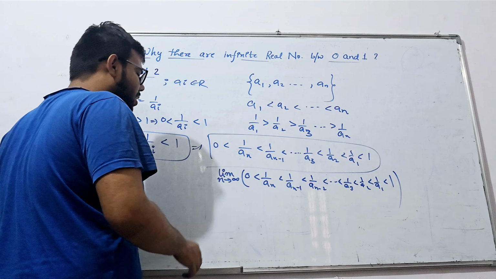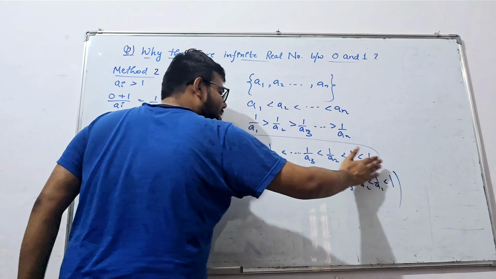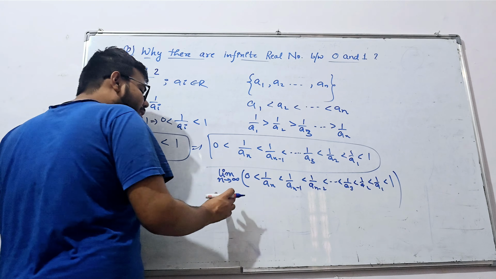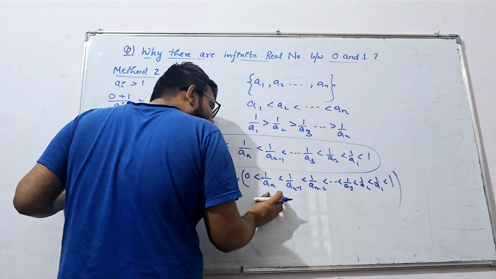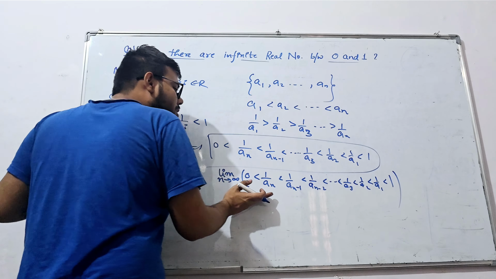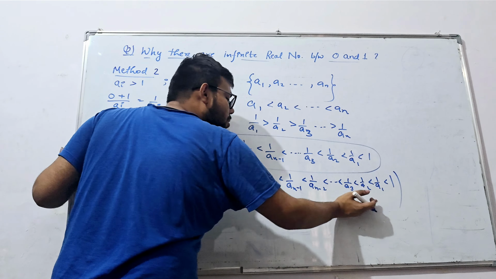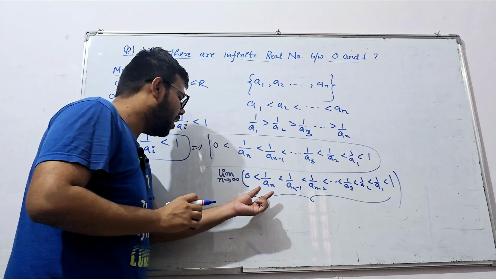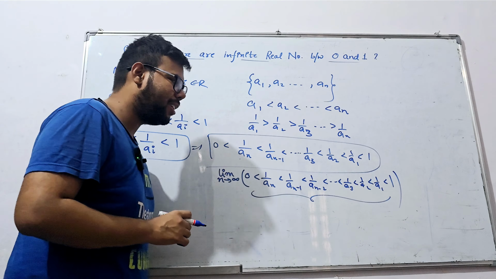So notice that this expression is still valid, and what it means is that for infinite terms of an, of a_i or whatever, this still holds. This is still true. You still have an infinite number of real values between 0 and 1, right?